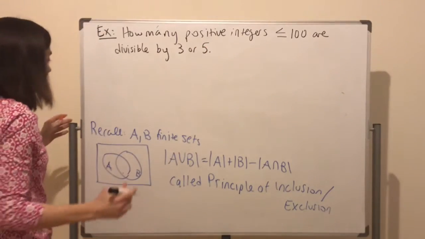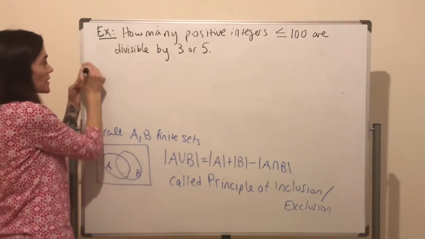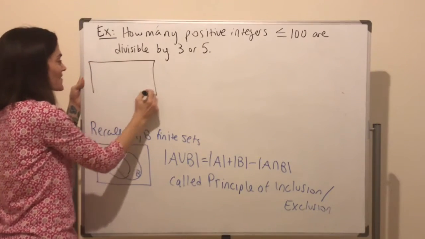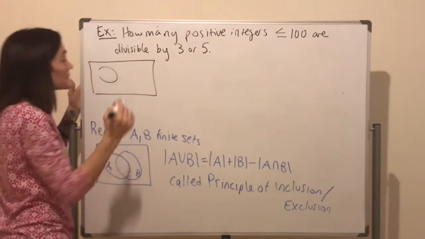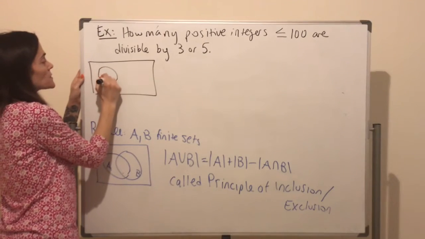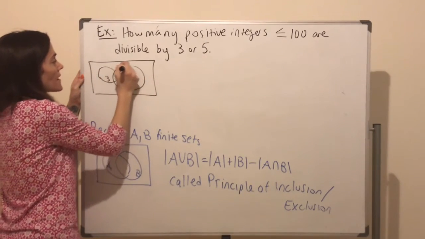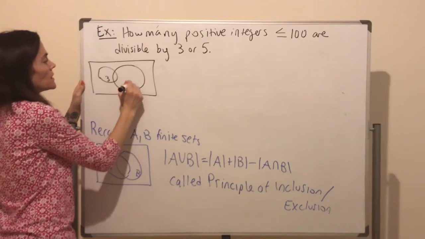Okay, now, I have it here, but I will draw a Venn diagram again for this particular problem. We have integers divisible by 3. We have, okay, less than or equal to 100, divisible by 5.